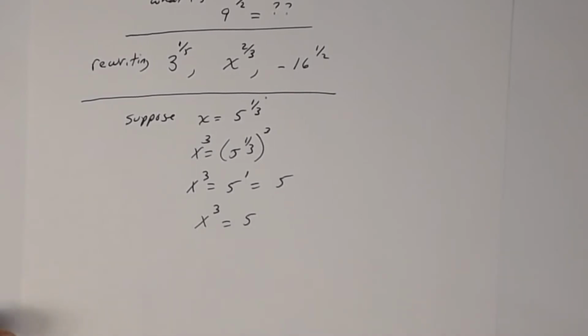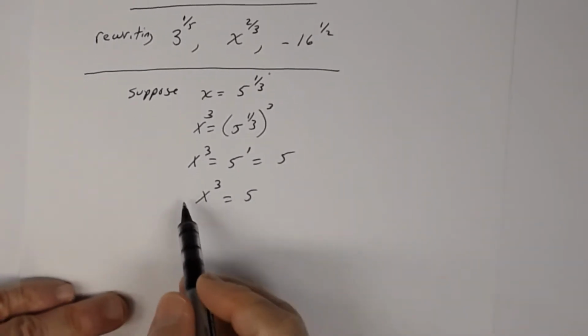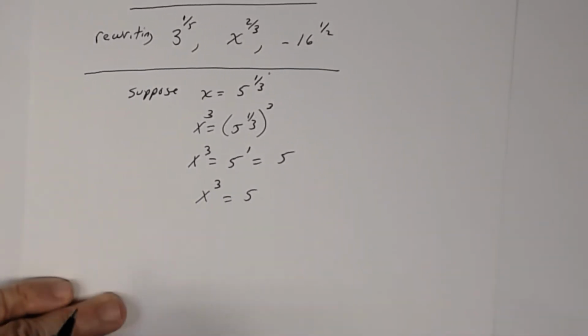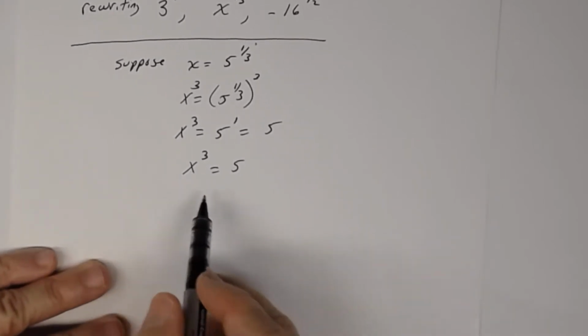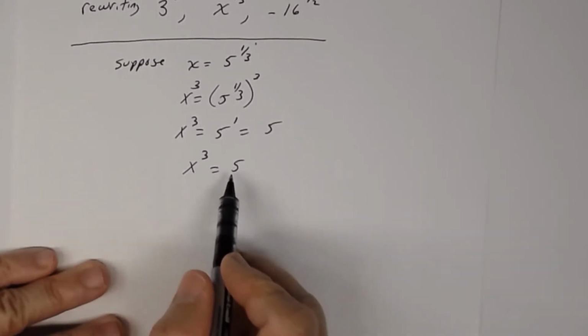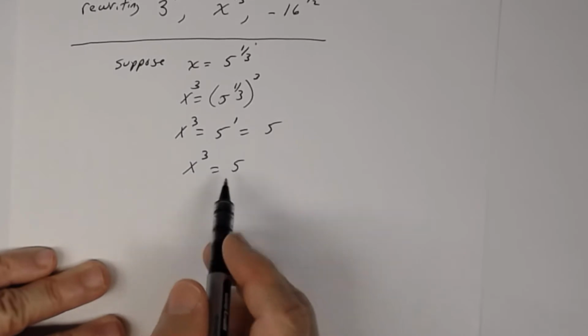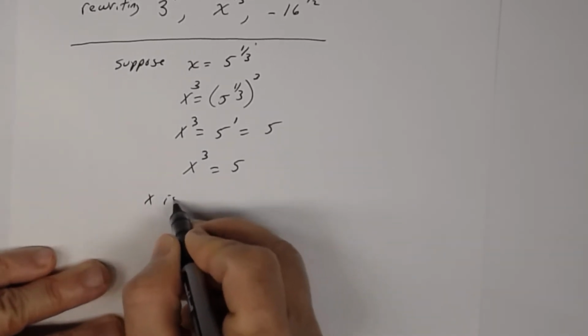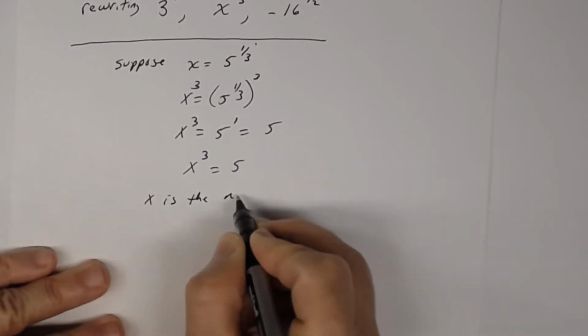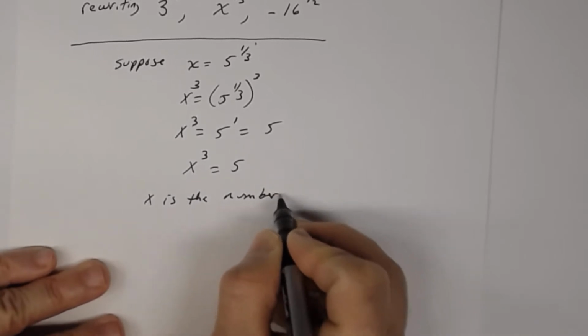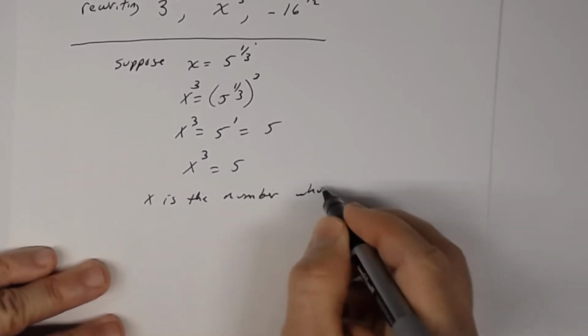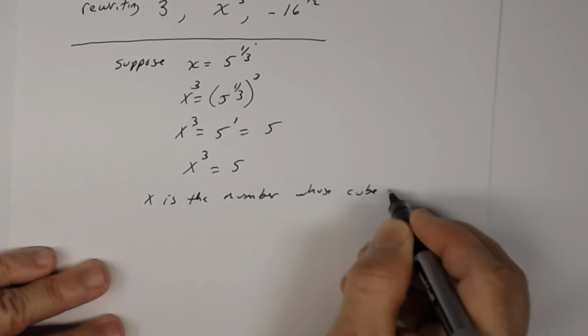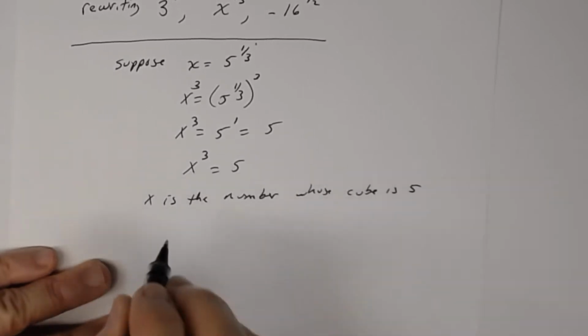Okay, so we have x cubed is equal to 5, and let's talk about how we can figure out what x is. So remember, since x cubed is equal to 5, x is the number whose cube is 5, right?